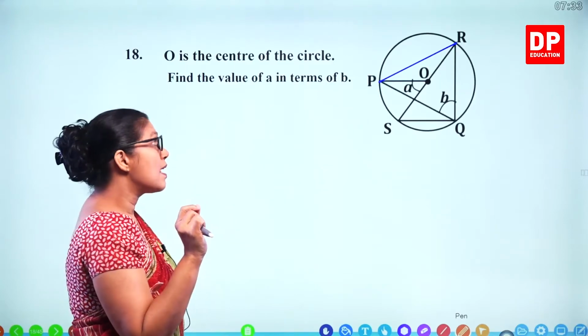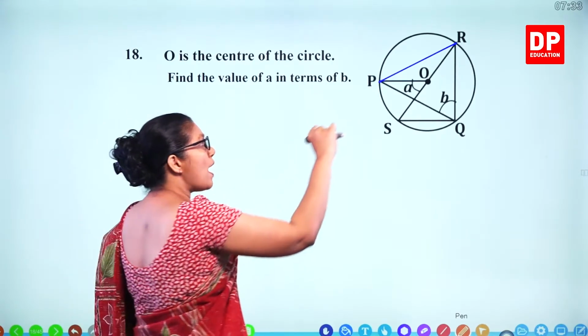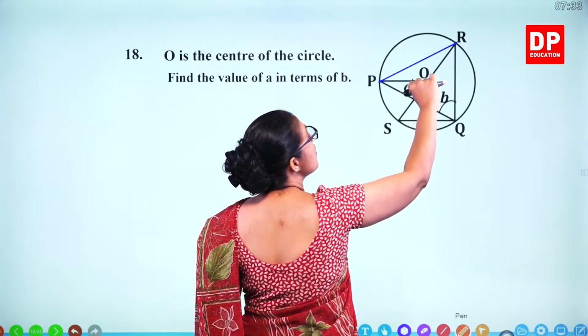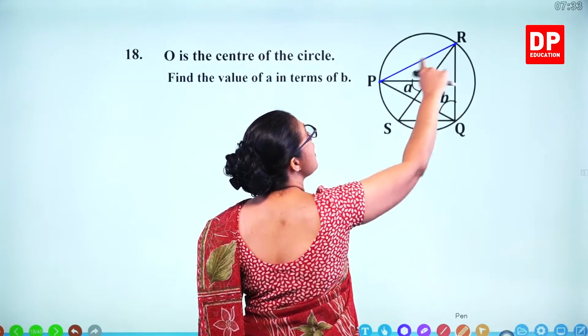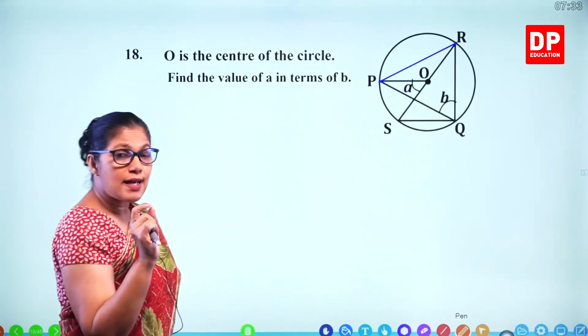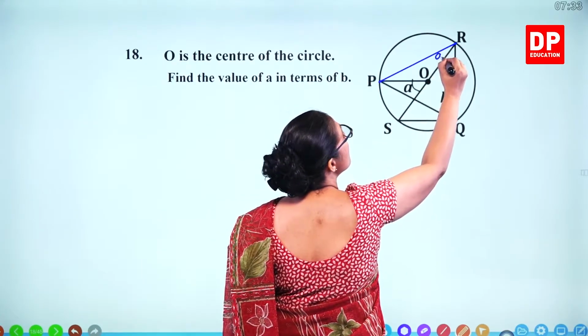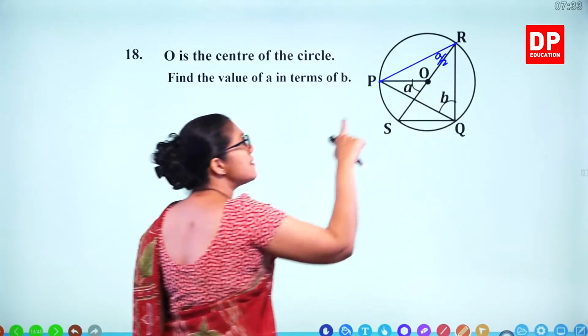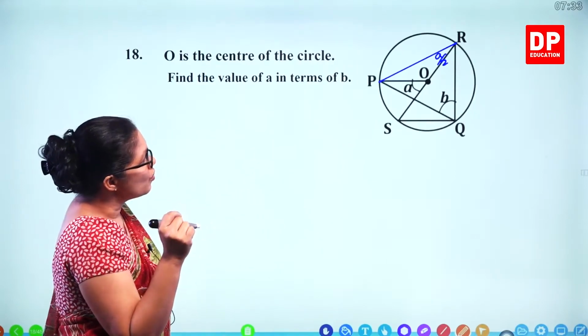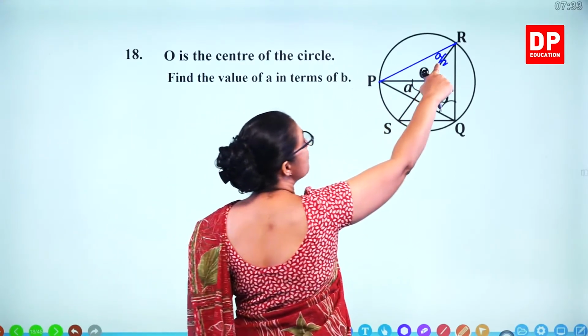A is the angle subtended at the center. So that's equal to twice of the angle subtended on the circumference. So this is A over 2 then. If this is A, the other one is A over 2.